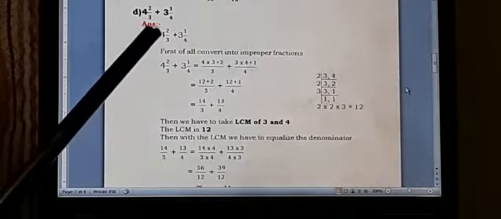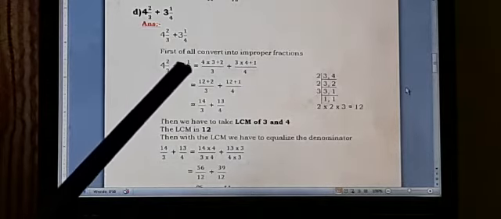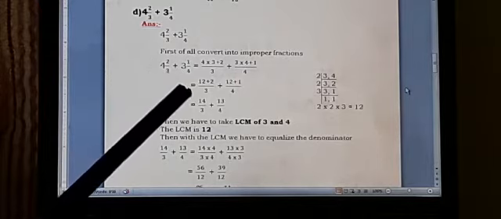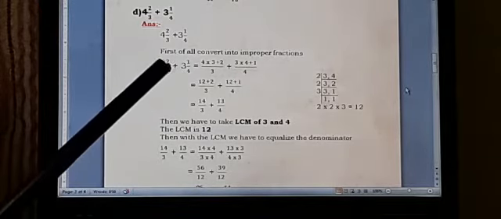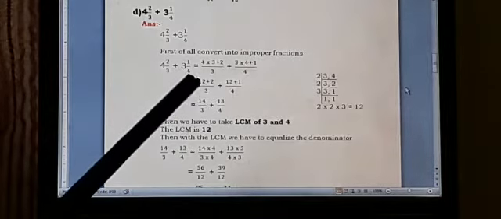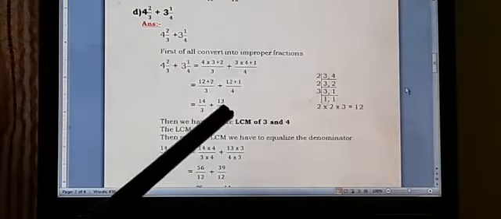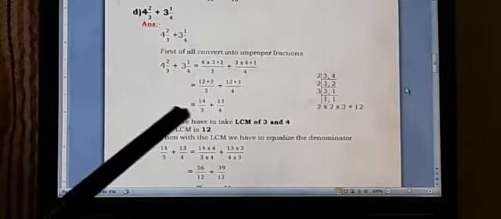Here they have given 4 2 by 3 plus 3 1 by 4. In 4 2 by 3, 4 is the whole number and 3 is the denominator. So multiply the denominator and whole number, then add the numerator. So finally you will get 14 by 3 plus 13 by 4. We will get an improper fraction.